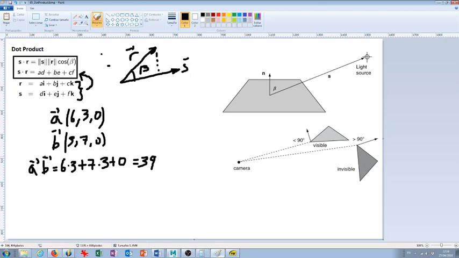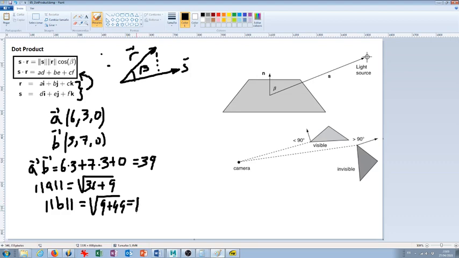Then we have calculated the dot product, and then we can calculate the module of A, that is the square root of 36 plus 9, and we can calculate too the module of B, that is the square root of 9 plus 49.